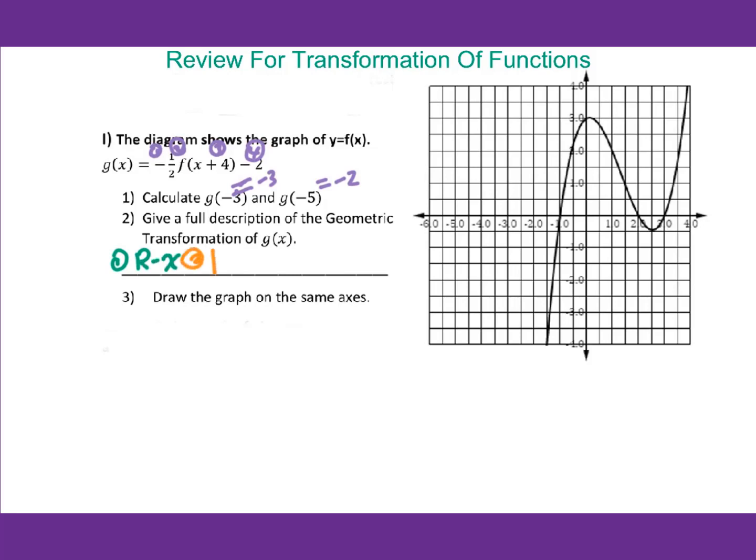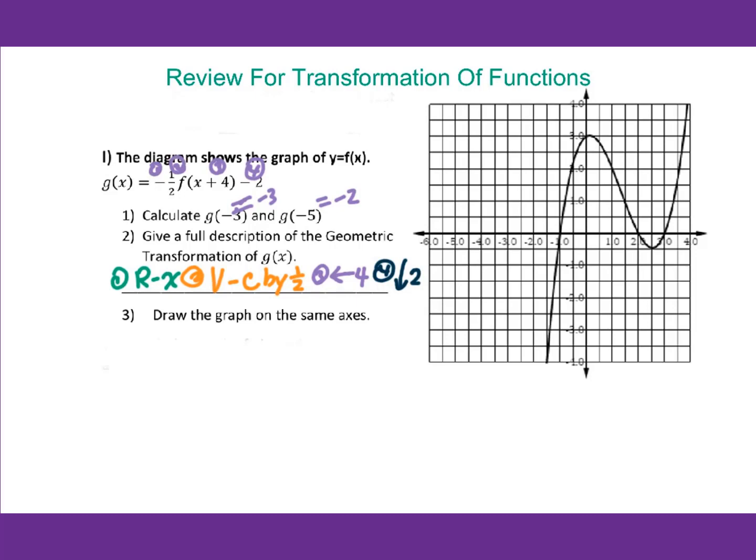Second step, vertically compressed by a factor of 1/2. Third step, you need to go to the left 4. Remember, inside there is a layer. Then the fourth step is go down 2 units.